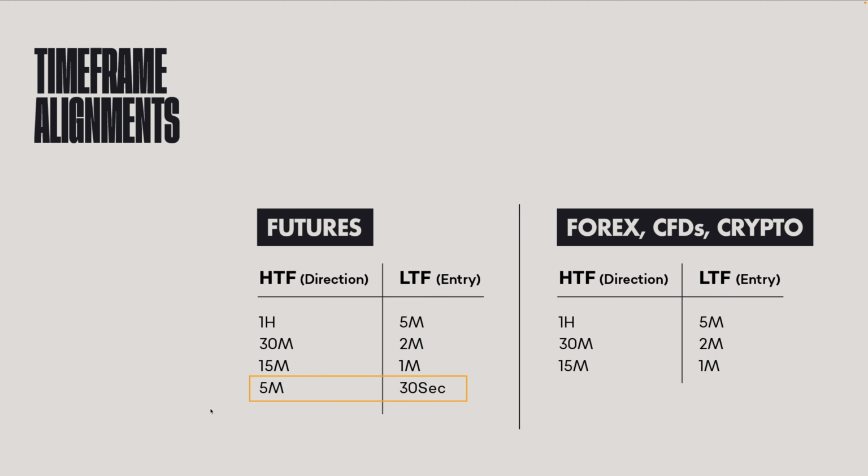So just to be clear again, should you trade a different set of time frames, then wherever you see 5 minutes in this video, you fill in your higher time frame, for instance, 15 minutes. And if you see the 30 seconds, then you use the 1 minute. But again, for this presentation, I will be using the 5-minute as my higher time frame and the 30 seconds as my entry time frame.